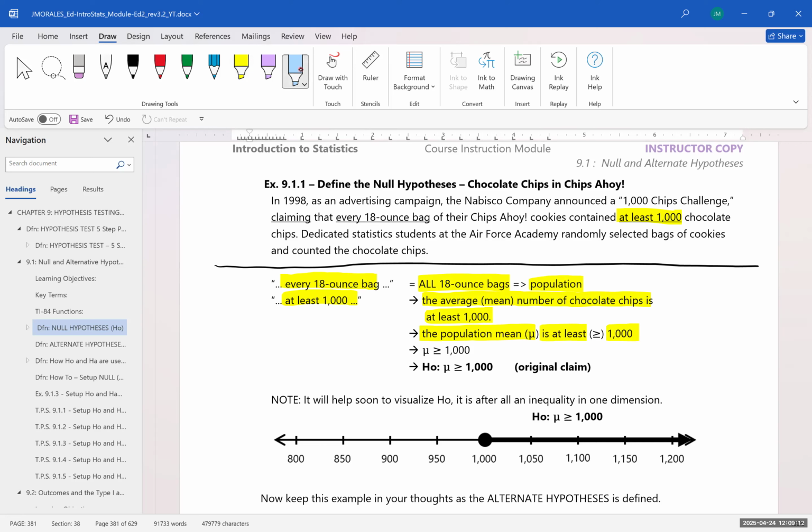Now notice here I've gone ahead and substituted the symbols that we use generally to mean this and this, right? The population mean is given by this variable, mu. And when we say is at least, we usually use greater than or equal to.